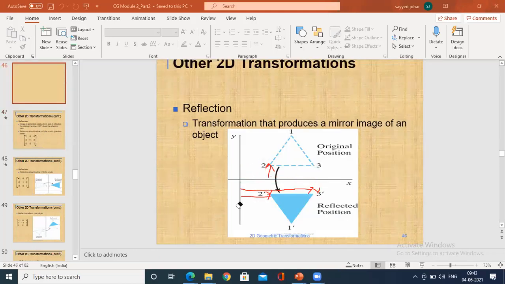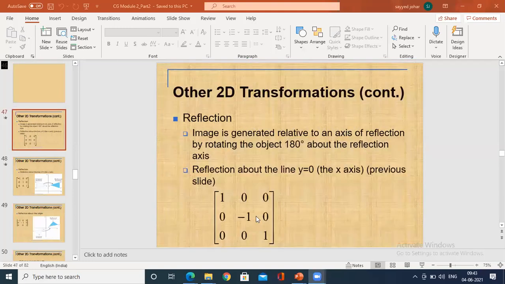When you mirror an image along the x-axis, y will change. What is this column? This is homogeneous, not z-axis rotation. Remember, this is totally homogeneous coordinates. This is two-dimensional reflection. So x doesn't change, y changes in the negative direction when you reflect along the x-axis.